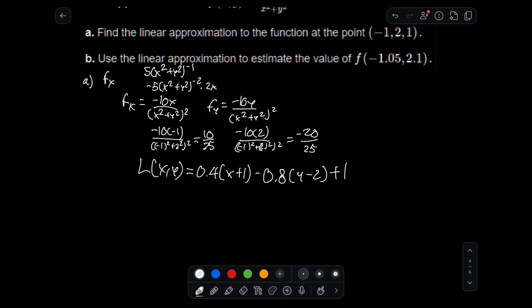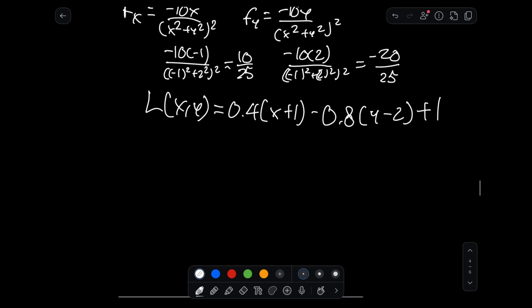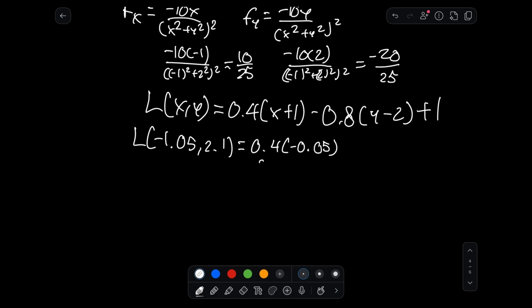And now, use the linear approximation to estimate the value of f of negative 1.05 comma 2.1. We can do that real quick. All we have to do is just plug it back into our equation. So L of negative 1.05, 2.1. Let me just write it as fractions. It's just easier for my head to understand what I'm doing.